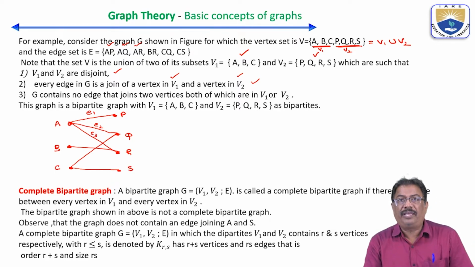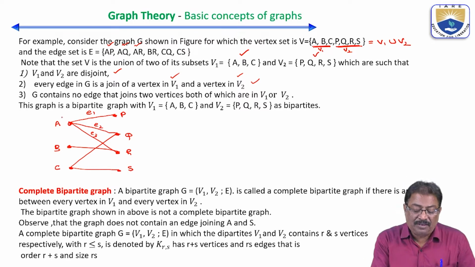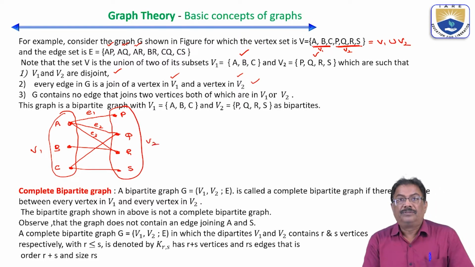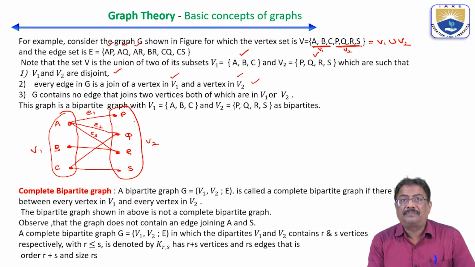That means every edge in G is joining one vertex in V1 and one vertex in V2. And G contains no edge that joins two vertices both of which are in V1 or both in V2.